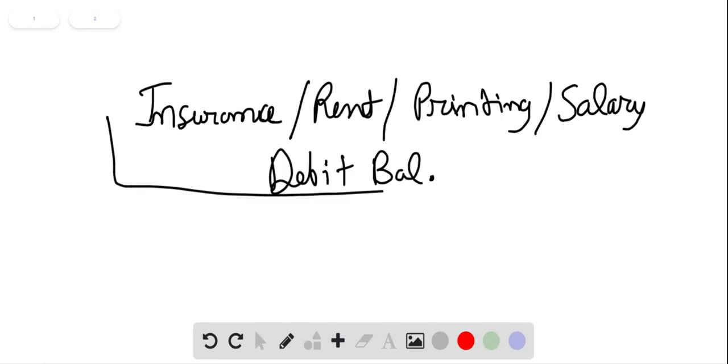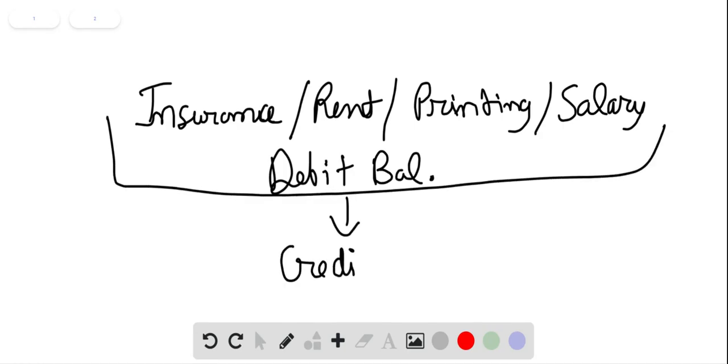So to close all of these accounts, we will credit those accounts and give a debit to the income summary account for closure of the respective accounts.